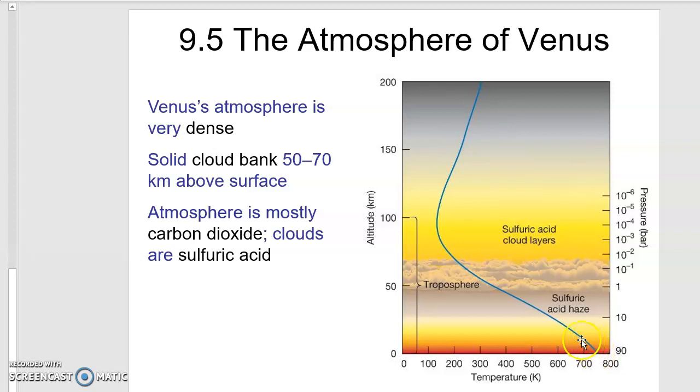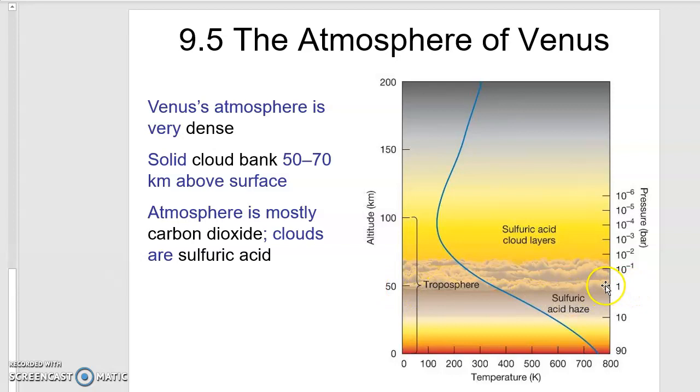But there isn't that much sunlight because of this sulfuric acid haze, and the pressure here is quite high. This 1 atmosphere, when you say 1 bar, means the same thing as 1 atmosphere on the Earth. This would be the air pressure at sea level on the Earth. This is at 50 kilometers up.